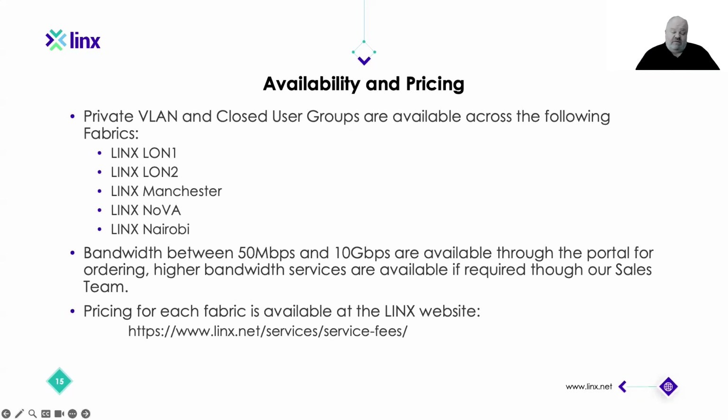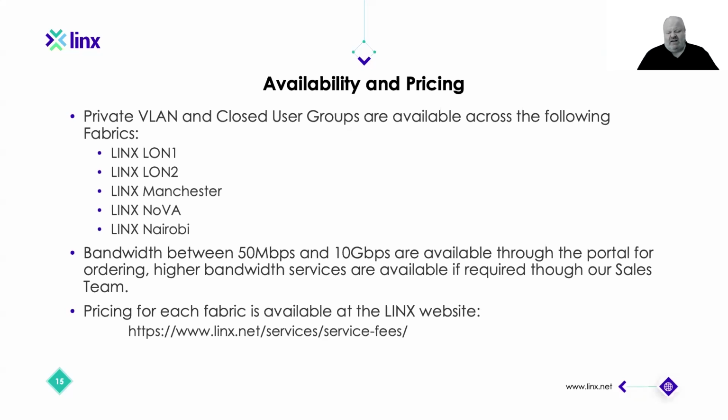Bandwidth, currently by default, is available at speeds starting as low as 50 megabits per second. It goes up to 10 gig. We can actually offer it, and we had requests for that, at even higher bandwidths. They're currently not available to order directly through the portal if it's above 10 gig.